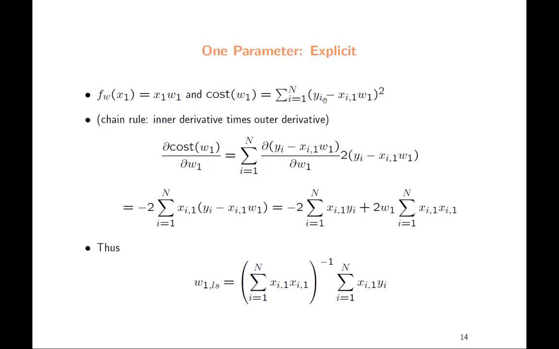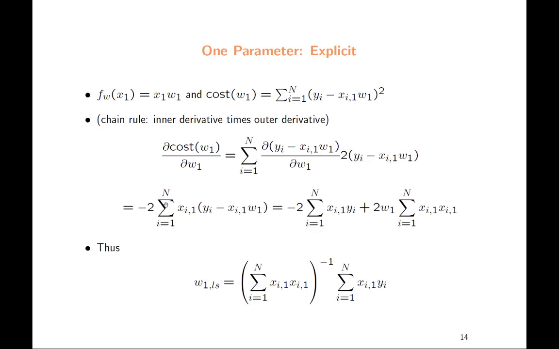Then it's just the target minus x times w, squared. If we take the derivative, it's the inner derivative times the outer derivative. So here we get the square with respect to w, and here 2 times target minus xw.